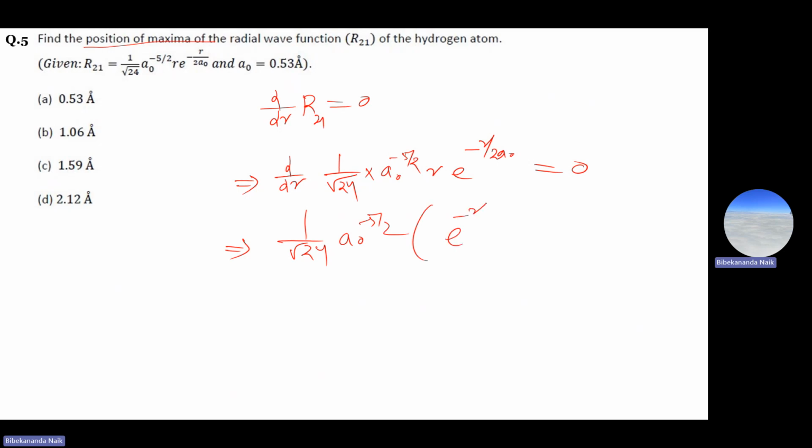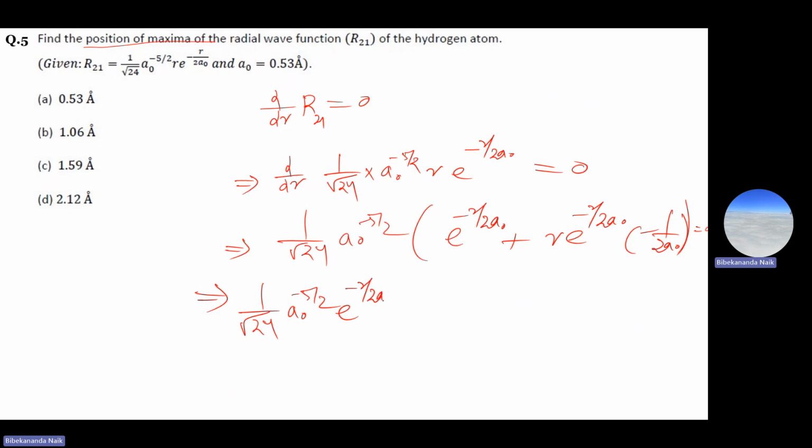Then in one case it will be e to the power minus r by 2a0, plus r e to the power minus r by 2a0 into minus 1 by 2a0. Taking out the common factor, the remaining term will be 1 minus r by 2a0 equals 0.